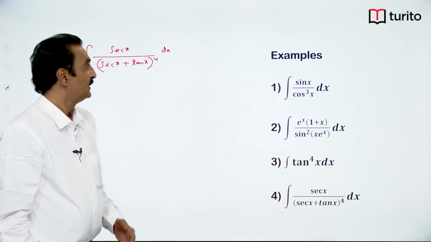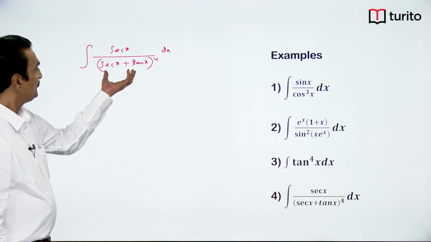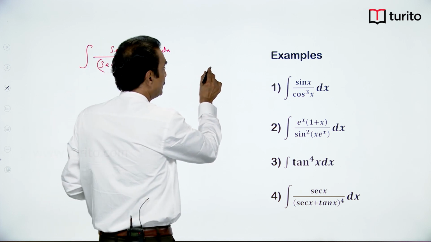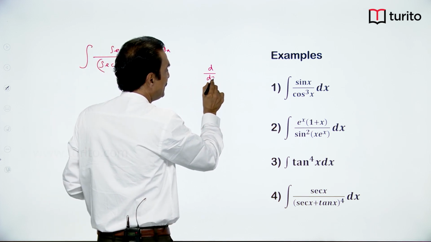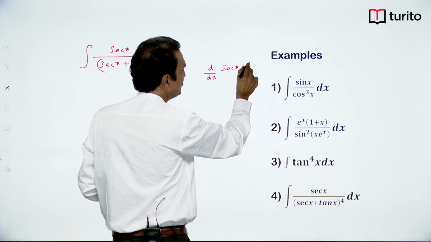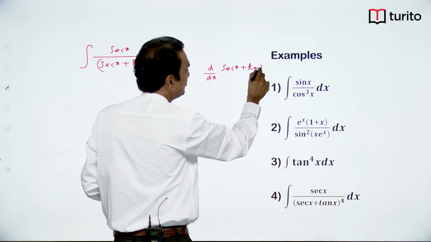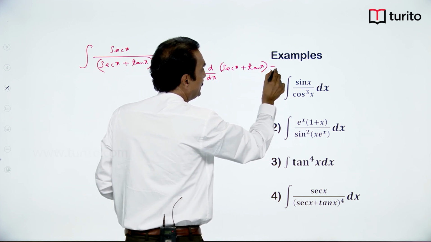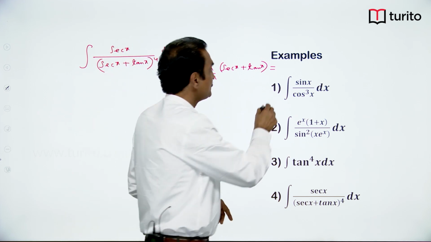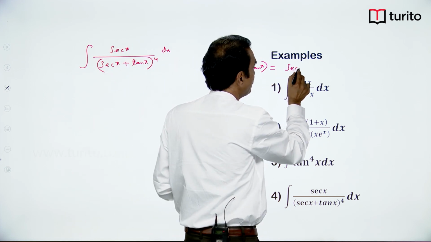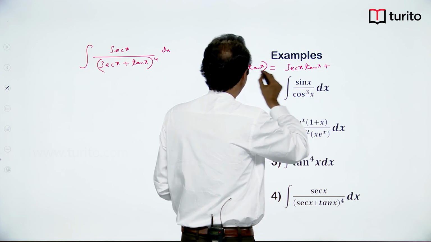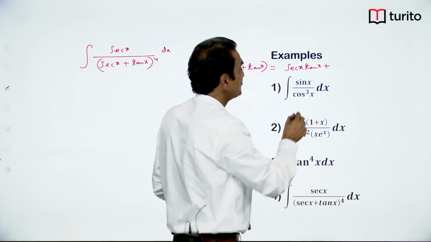Here, if you check the derivative of secant x plus tan x, d by dx of secant x plus tan x is equal to derivative of secant x, which is secant x tan x, plus derivative of tan x, which is secant square x.